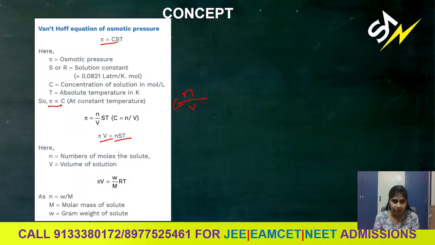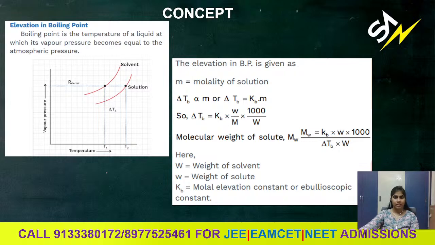If we further apply number of moles is equal to weight by gram molecular weight, we can write Van 't Hoff's equation for osmotic pressure as pi V is equal to w by M into RT. This is also an important equation, remember it.